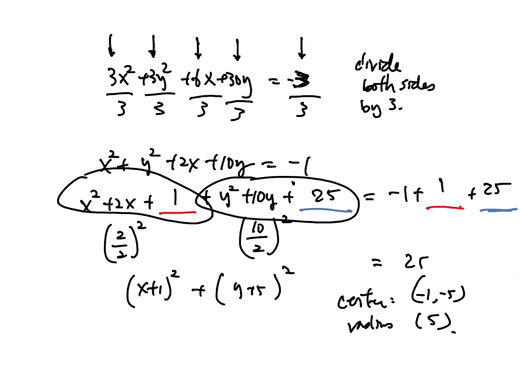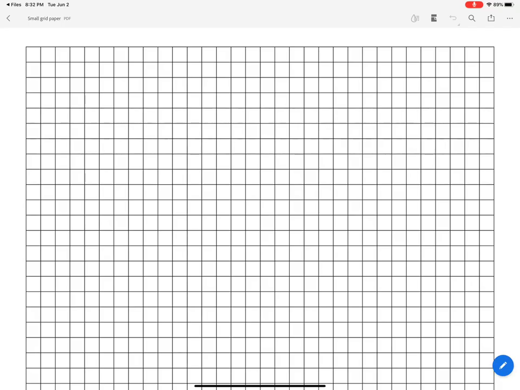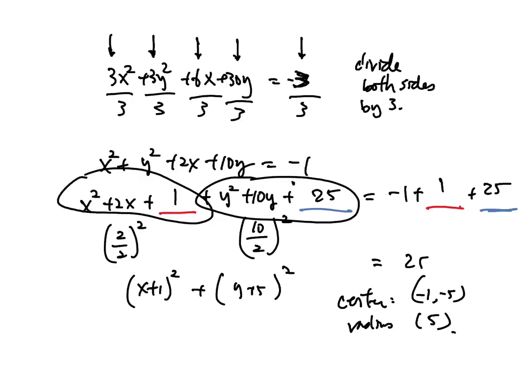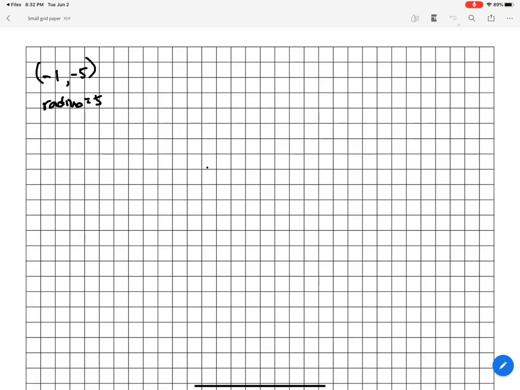I'm going to draw my axes. Starting at the origin, -1, then 1, 2, 3, 4, 5 down.